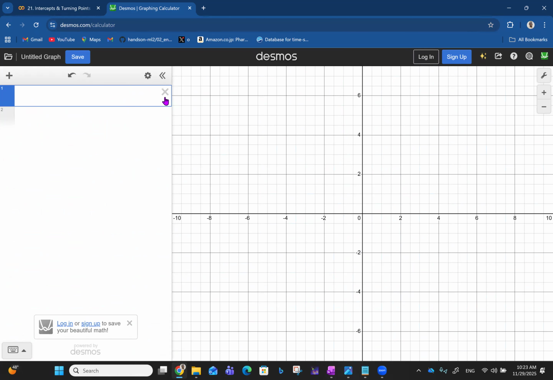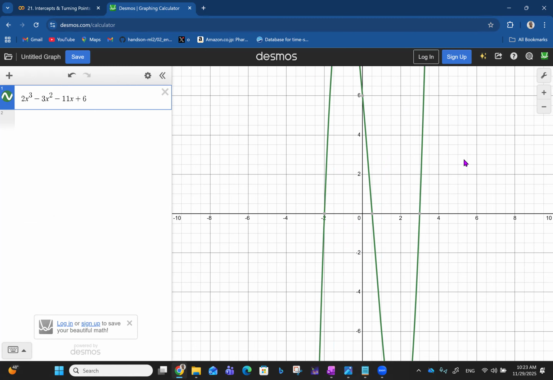So finally, now we see that the expression 2x raised to power 3 minus 3x raised to power 2 minus 11x plus 6, see what we have now. We have 3 roots: minus 2, 0.5, and 3.